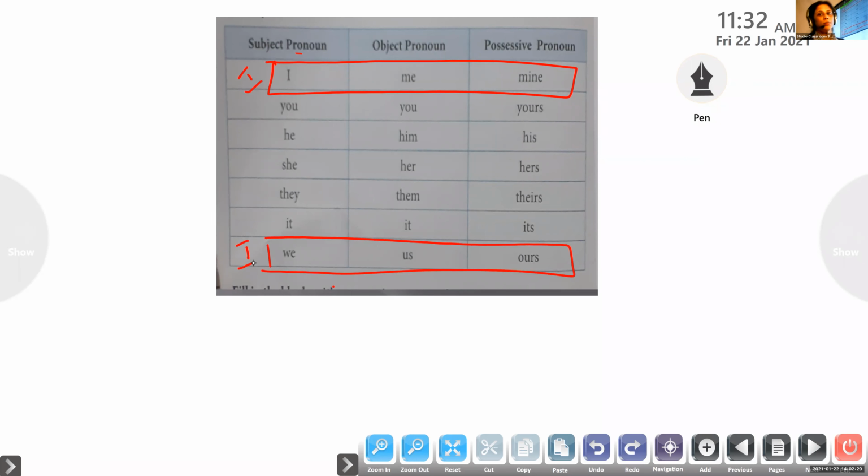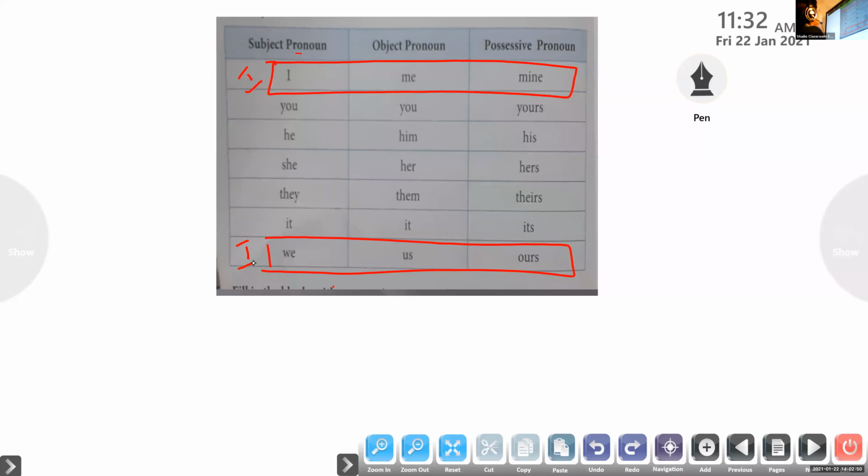I, me, mine. Unless you open your mouth and say it, children, you're not going to learn. All of you open your mouth and say it; even if I cannot hear you, I can read your lips. I, me, mine. It is clearly given in your book, and I have written it in a table form.